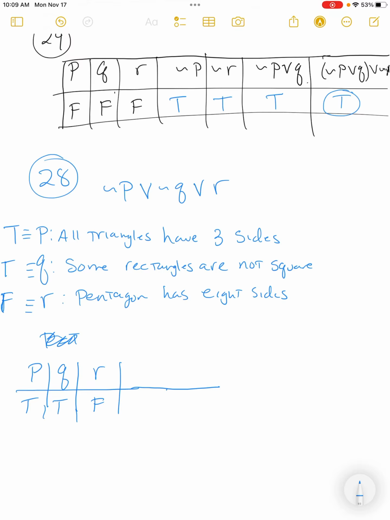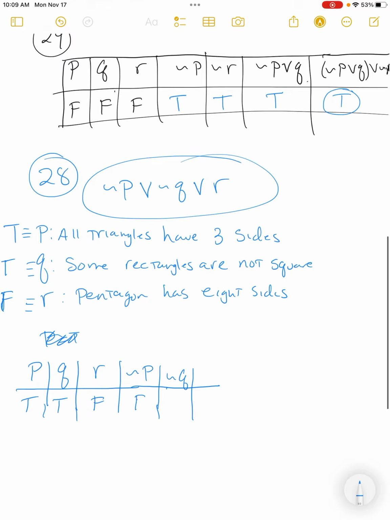And what they would like us to do is the negation of P, or the negation of Q, or the negation of R, right? This is our main ask, what I just circled up at the top, by 28. So when you have a compound statement like that, if there are any negations, we want to do those first. So we're going to figure out the truth value for the negation of P and the negation of Q, because we'll need them along the way.